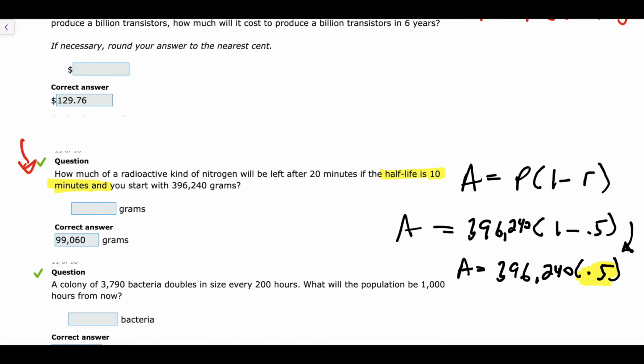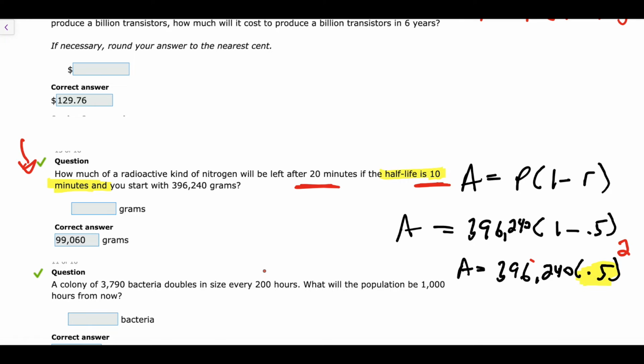So that 0.5 gets applied 2 times because there are 2 half-lives. That's the confusing part, because some people want to put the 20 up there, but you always have to think: how long is this half-life, and how many of those half-lives are passing by? That's your power.